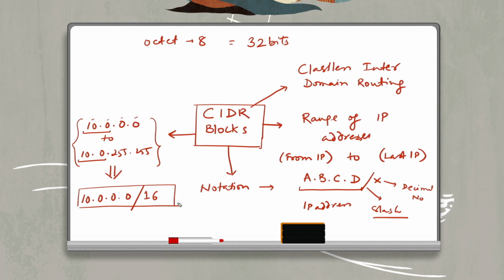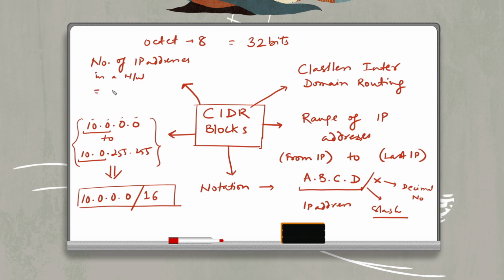All right. So if this is clear, we will move on to the next discussion, which is how do we determine the number of IP addresses in a network. For that, there is a formula.